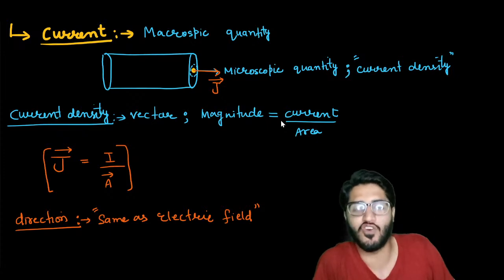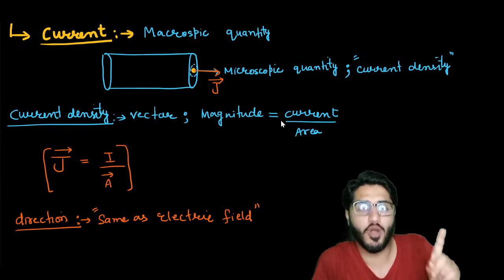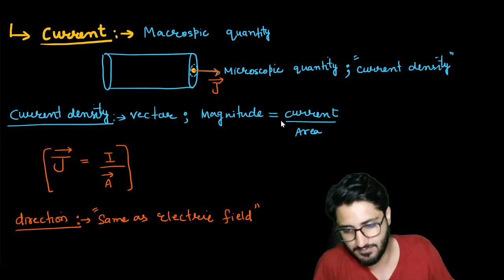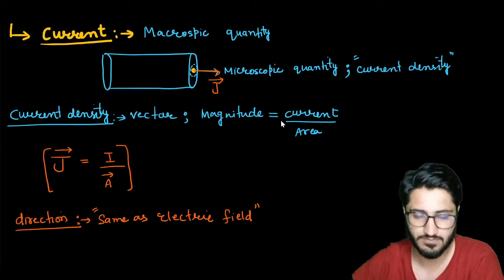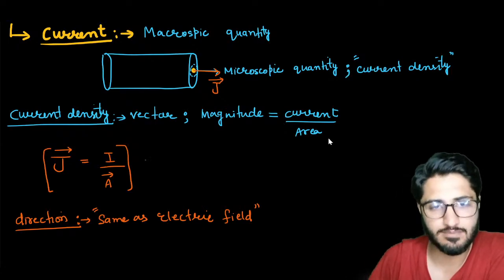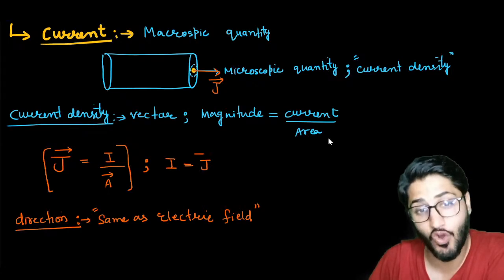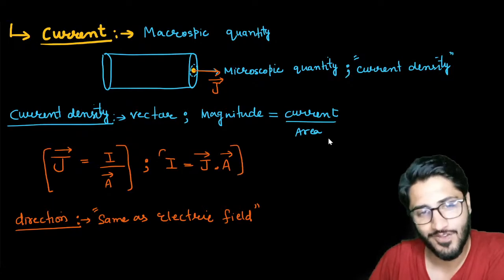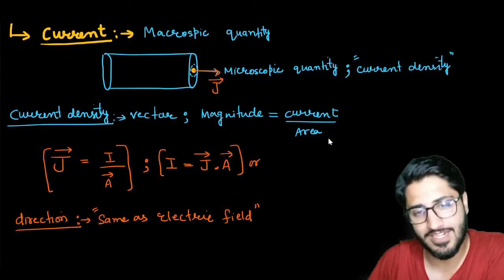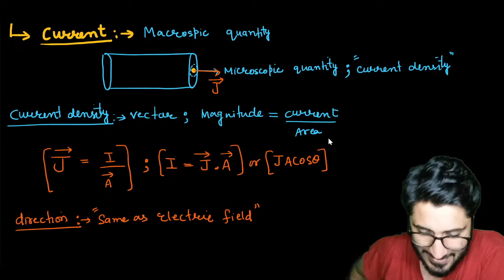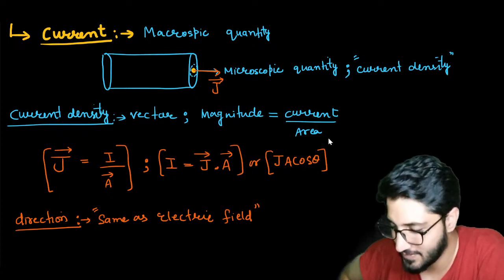So J cross A is wrong. The direction of current density is the same as that of the electric field. So current is equal to J dot A, or J A cos θ.